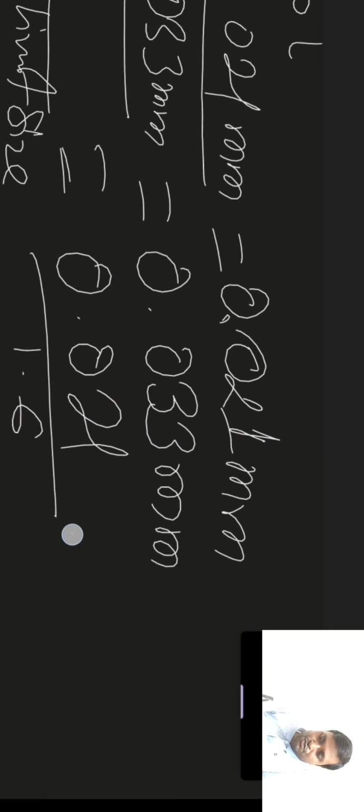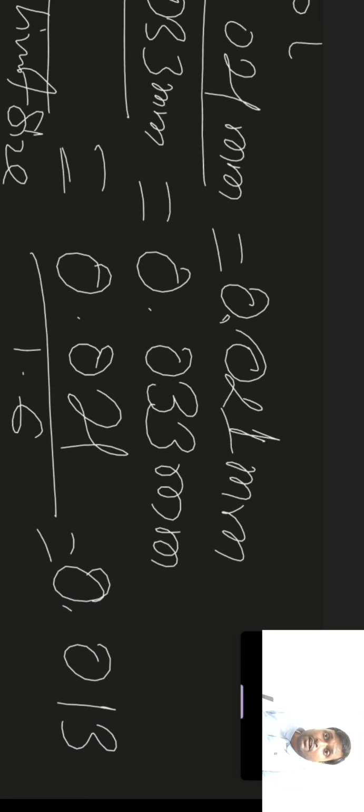So since IT7 is known, if we divide by 1.6 we will get IT6. We multiplied IT6 by 1.6 to get IT7, so IT7 divided by 1.6 will be the value of IT6. So IT7, 0.021, divided by 1.6 comes to be 0.013 mm.